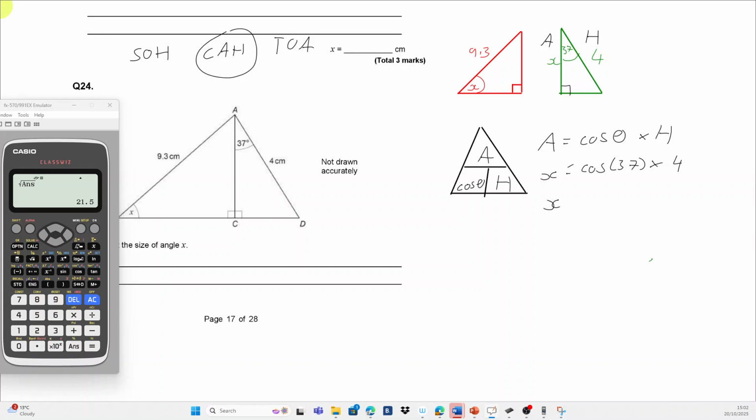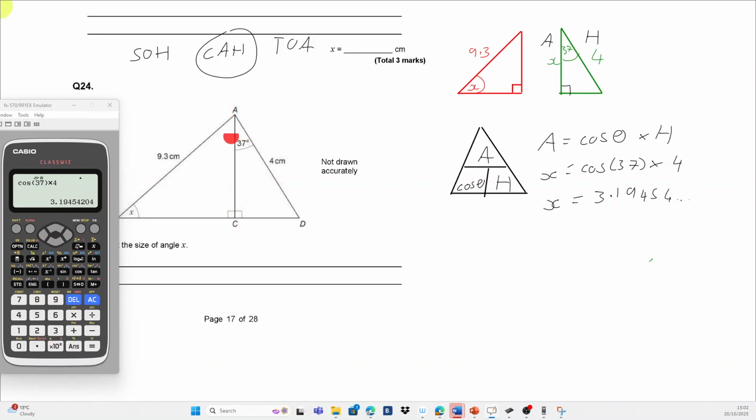So X is going to be equal to cos 37, times that through by 4, and we get this. And at this stage, I wouldn't round too early. I'm going to keep it as 3.19454, because I don't want to round it too early. But this is now good, because this side here is what I've just found, X, which is 3.19454.